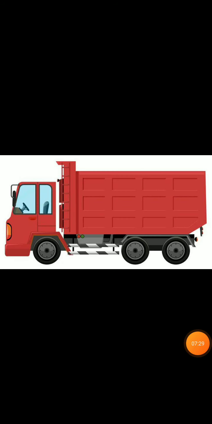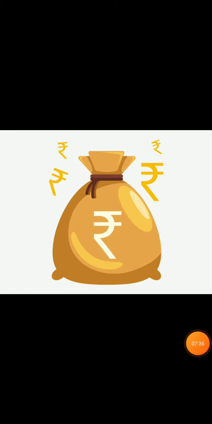Then next is which can be easily stored and which can be easily transported. And the last, which is very important, is that it should be economical, which means it is cheap. It is easily affordable. So these are the characteristics which you need to remember.